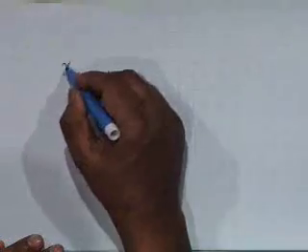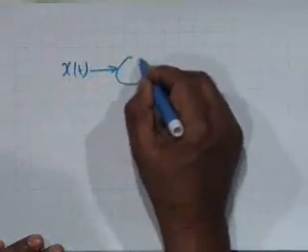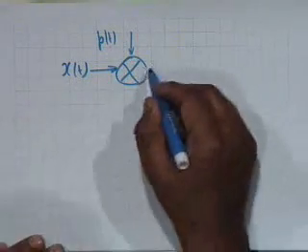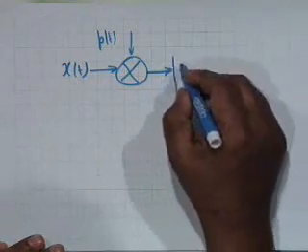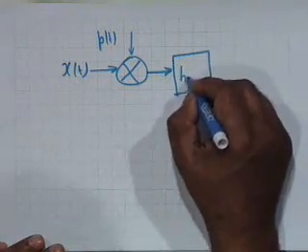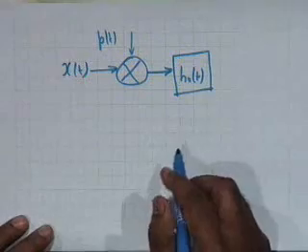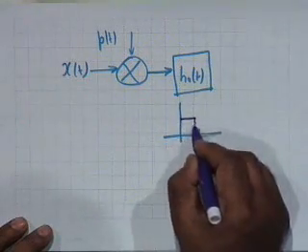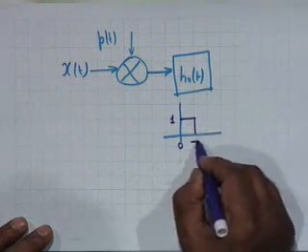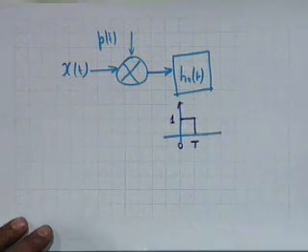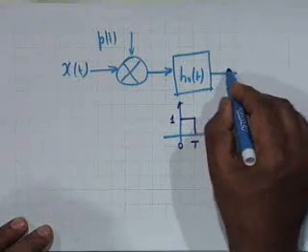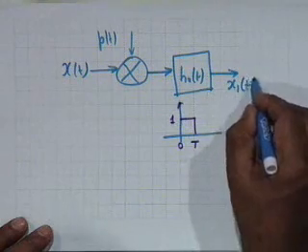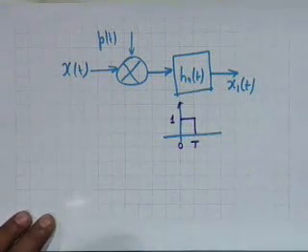It follows that if x of t is impulse sampled, multiplied by p of t, and then passed through a system whose impulse response is h naught of t, precisely of this form, that is, it is 1 from 0 to capital T, then the output is simply x1 of t, that is, ZOH of x of t.